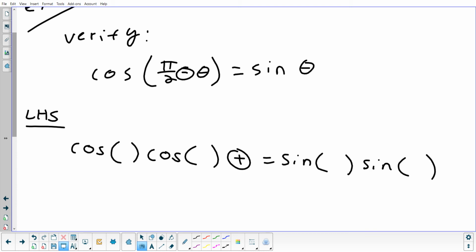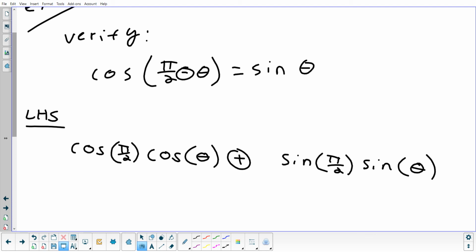So I generally like to write the formula first, so I don't have to think about what the formula is and plug into it at the same time, because some of these formulas start to get a little more complicated. All right, so we got cosine, cosine, plus sine, sine, pi over 2, theta, pi over 2, theta.